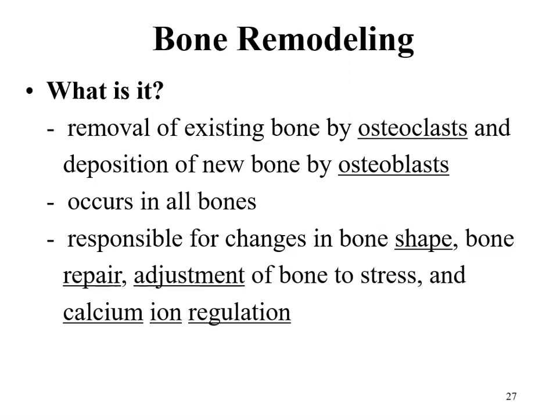Bone is a very dynamic tissue, so even after that initial ossification, it's always changing throughout our lifetime. This relies on the actions of osteoclasts to remove existing tissue and osteoblasts to create new bone tissue.